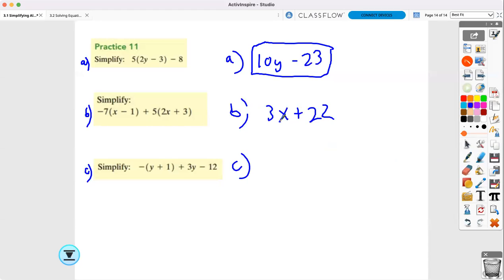Anyone agree or disagree with that? Yeah, the timer's not over yet. I was just checking to see if y'all made any progress yet. I agree. Excellent. For C, I got 2y minus 13. 2y minus 13. Yes.